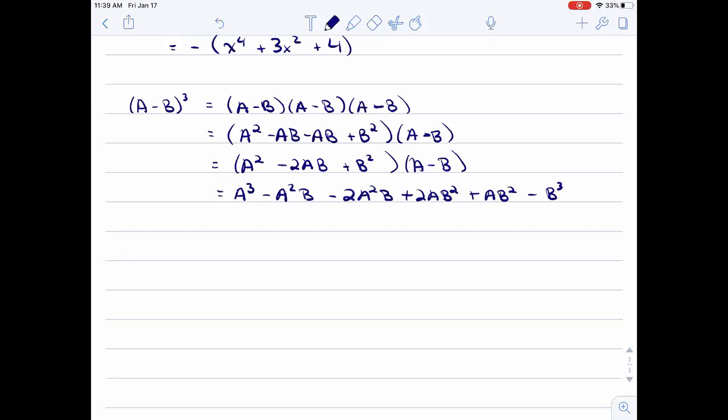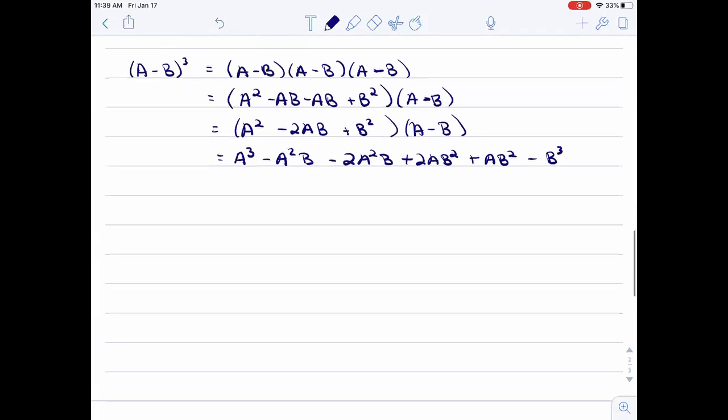But now I can simplify this, right, because I've got a to the power of 3, there's only one, but I've got plus negative a squared b minus 2a squared b, right, has an a squared and a b in there, so those are going to be lumped together, and then plus 2ab squared plus ab squared minus b to the power of 3.